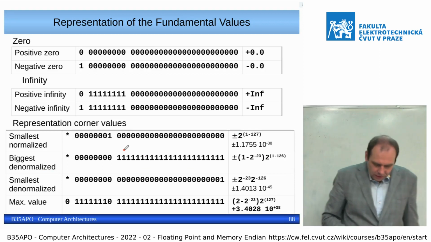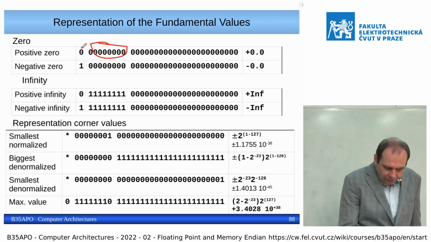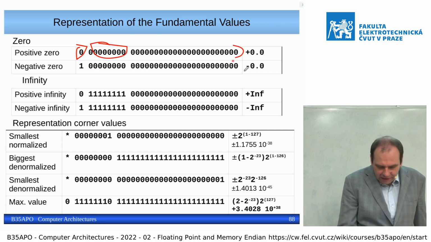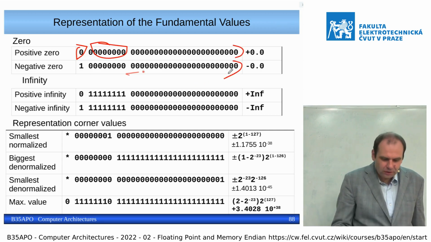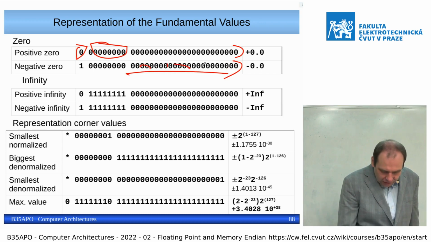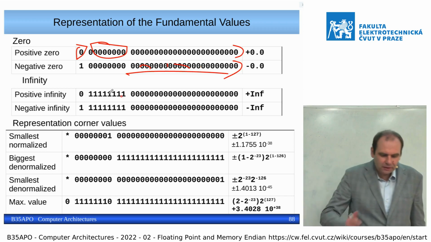Okay. So there is the actual representation, what can be represented. If all the bits in the exponent are 0, then we can have positive and negative 0. If all the mantissa is 0, then if it is non-zero, if there is something, then it is that denormalized number.